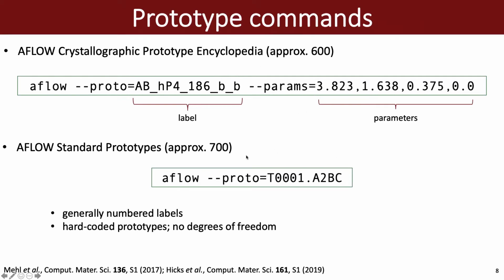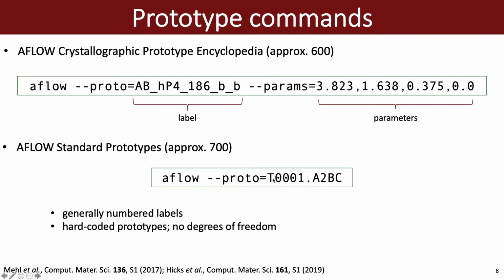There are also some other prototypes that were actually started many, many years ago before I joined the group, and these are hard-coded prototypes. Here you don't actually have to provide any degrees of freedom. For example, I think we use this prototype label to generate the Heusler structure. This is hard-coded and it's generally numbered.